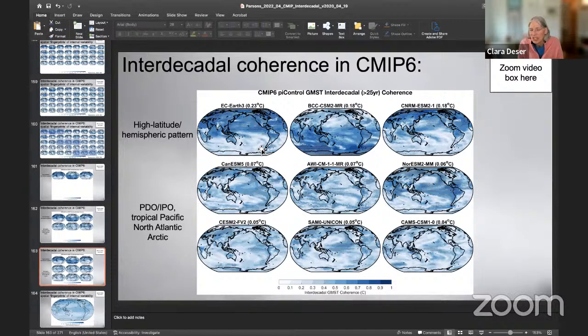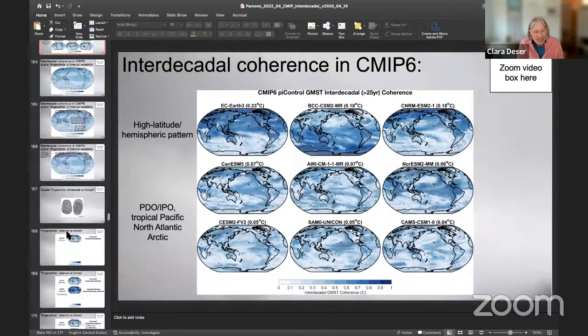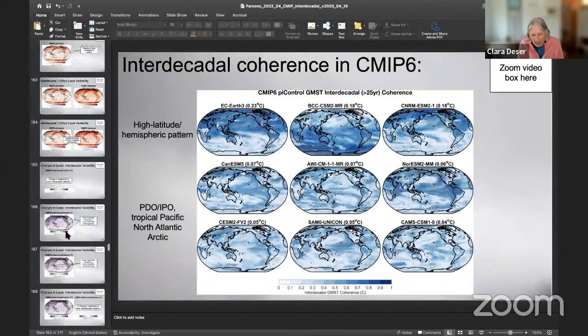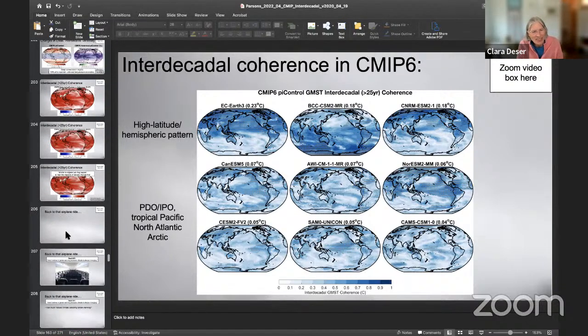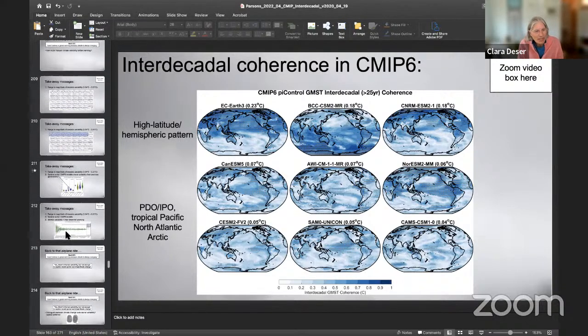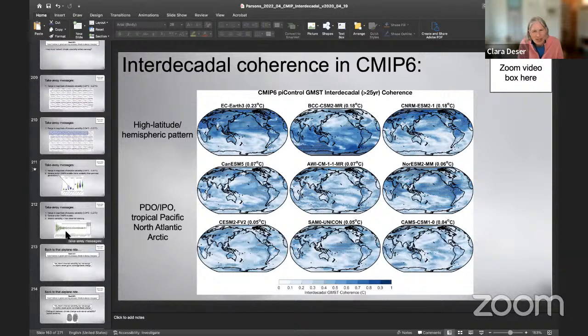A lot of models are encompassing the observed variance. And then you're showing us that the internal variability maybe doesn't depend on the forcing, or let's just say that's the case. Yeah. Then I wonder if a conclusion is that models have the right amplitude of interdecadal variability. I don't know if that was what Dan asked. I kind of tuned out while I was thinking about this.